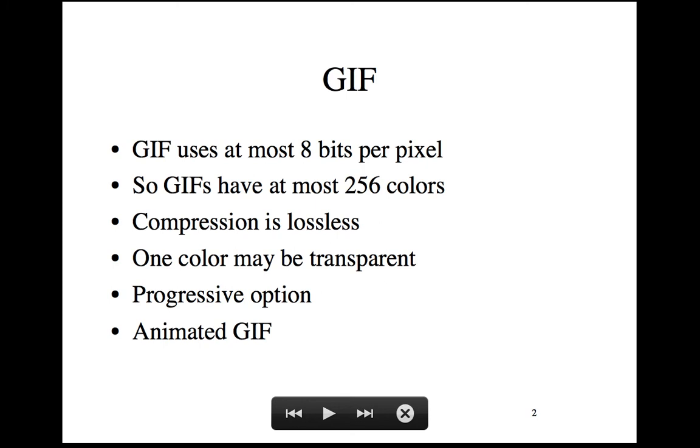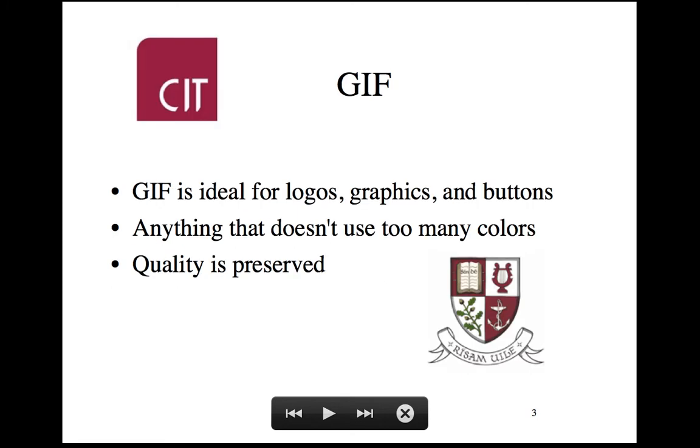That's a fairly lossy process, no matter how you do it. But the actual process of compressing GIFs themselves, that per se is lossless. One color may be transparent in GIF, so you're allowed one slot in the lookup table to be invisible, and you can see through it, and that can sometimes be useful. You can have a progressive option, I'll explain that, and you can have animated GIFs as well.